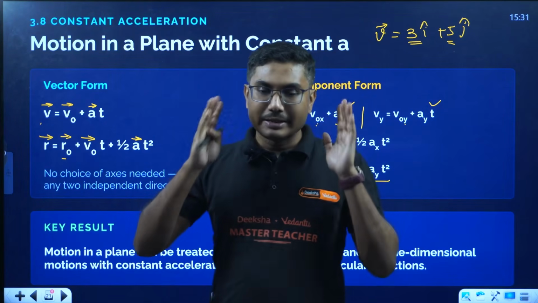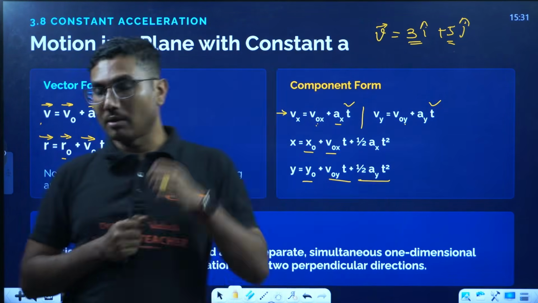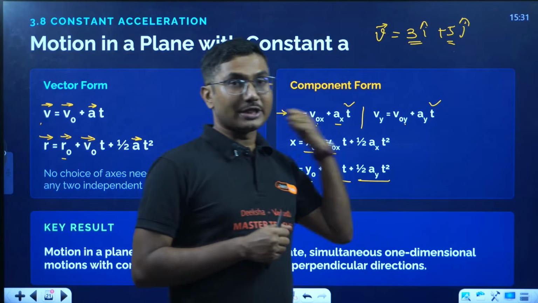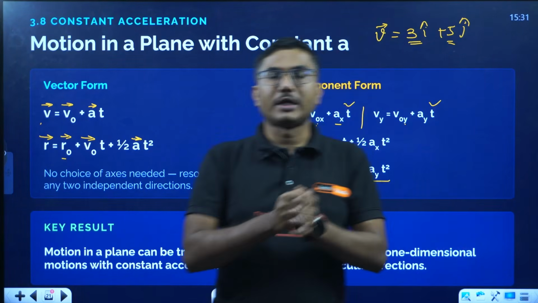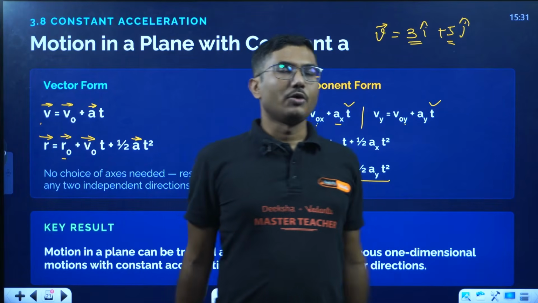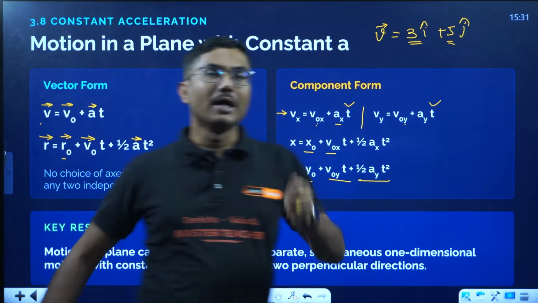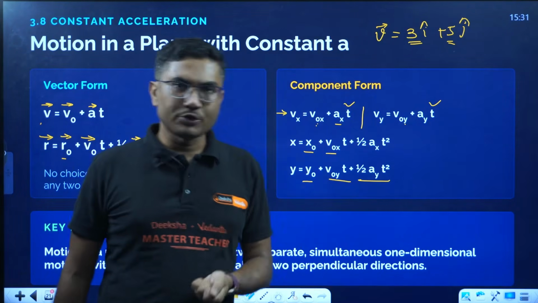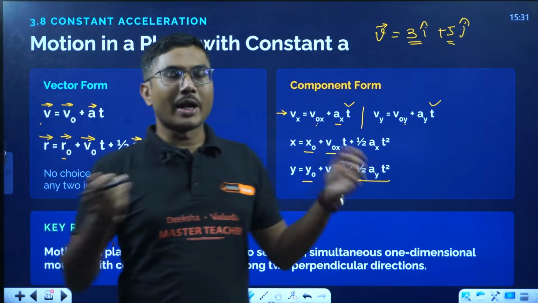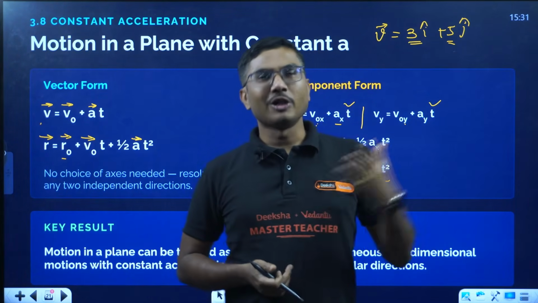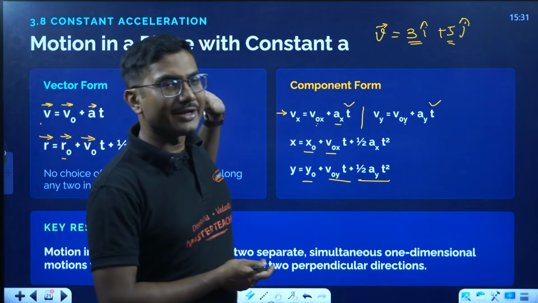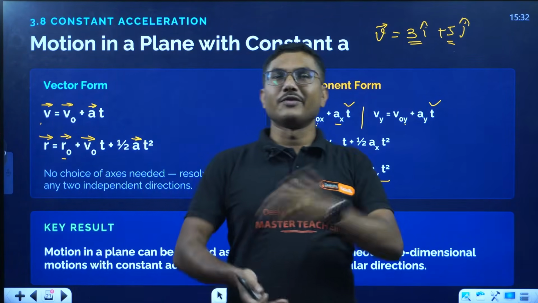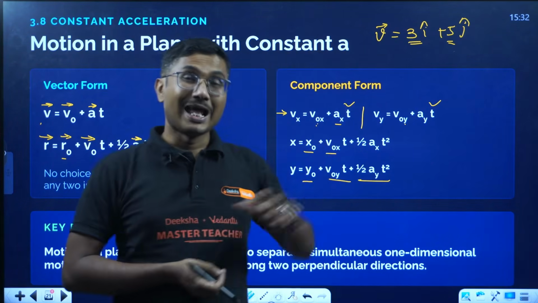That is why I put a lot of effort into explaining resolution of vector, because if you know it, your life becomes easier. You can divide a complex two-dimensional motion into two single one-dimensional motions, and all the equations that we have learned in the previous chapter are equally valid if you convert to one-dimensional motion.